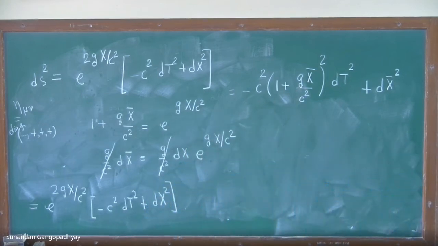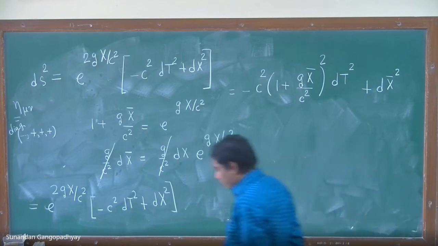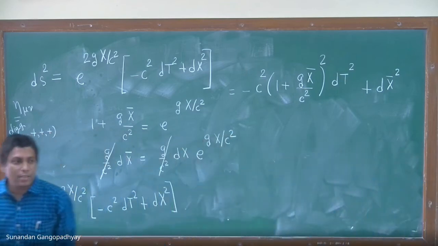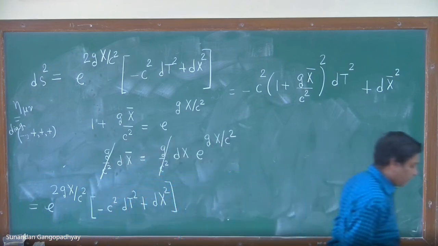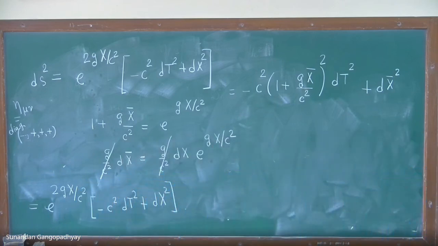So this is one thing. Then we take derivatives of the metric, and we can get the Newtonian form. That is a good point. You should get back the Newtonian result from here also. We shall talk about the Newtonian limit later on. But why is this result important?